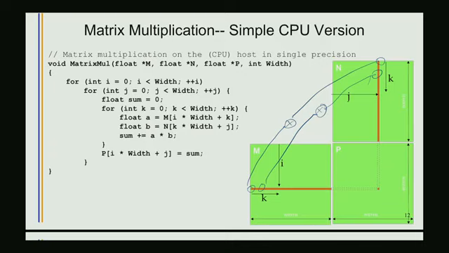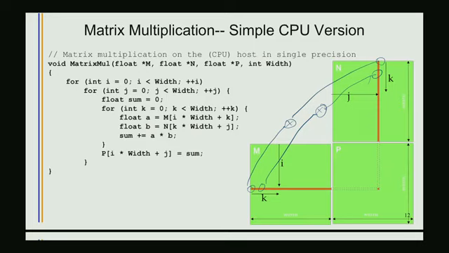The observation we can make here is, again, let's look at P. Where is the parallelism in P? Each spot within P can be calculated independent of all the other ones.